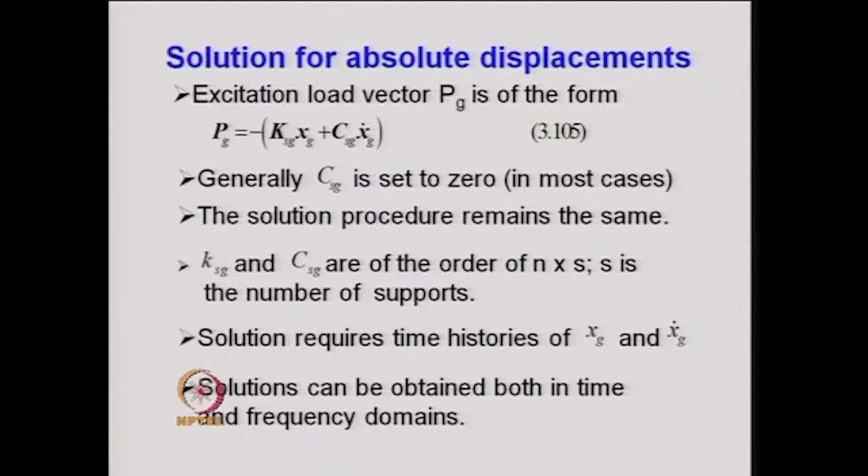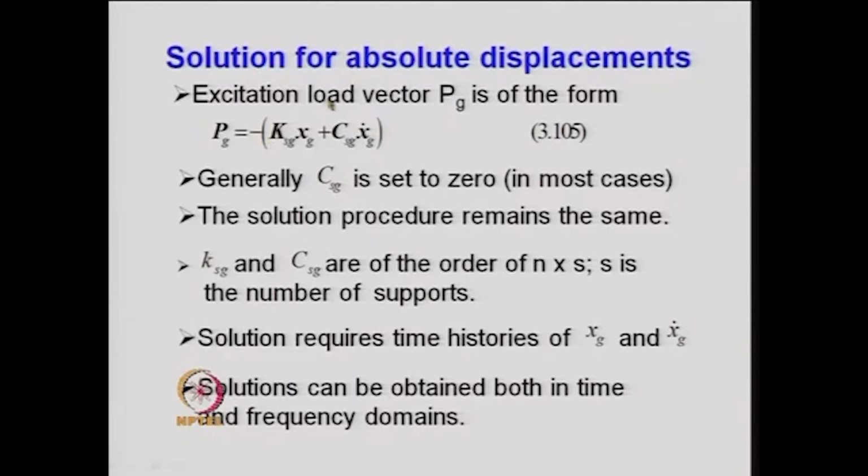Next, if we want to solve the problem for absolute displacement, then we use a different equation, and in that equation on the left hand side you have all the terms written in terms of the total displacement, that is total displacement, total velocity and total acceleration.